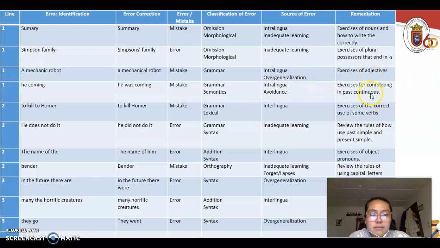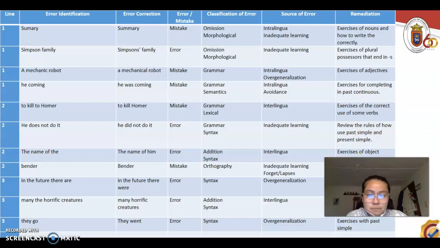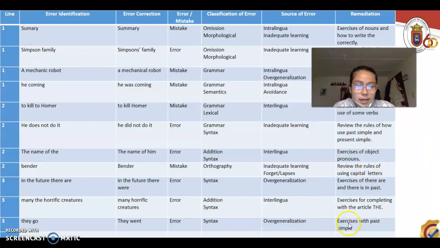So for this problem we can find exercises for completing in past continuous, or review the rules of how to use past simple and present simple, and the last one, exercises with past simple. So then we have errors like to kill, to honor.